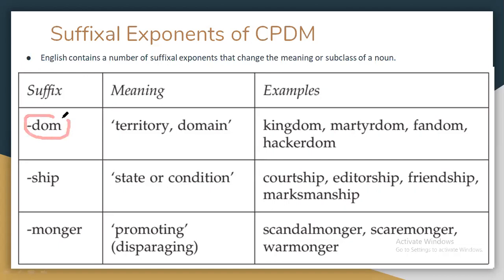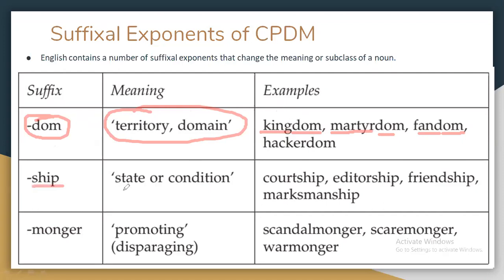This is the suffix, and the meaning is tentative, not always exactly the same. You can see king plus dom, martyr plus dom, pan plus dom, and so on. So, is there a category change? King is a noun, right?